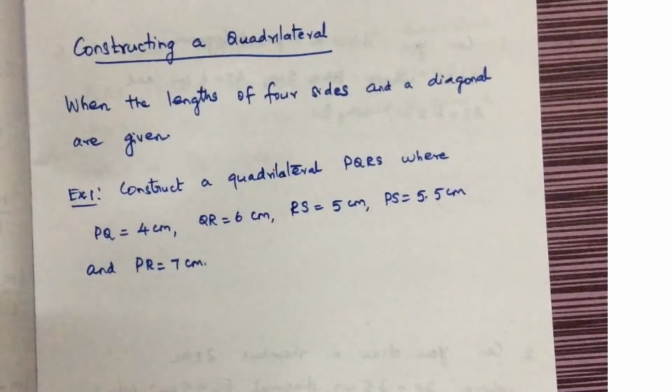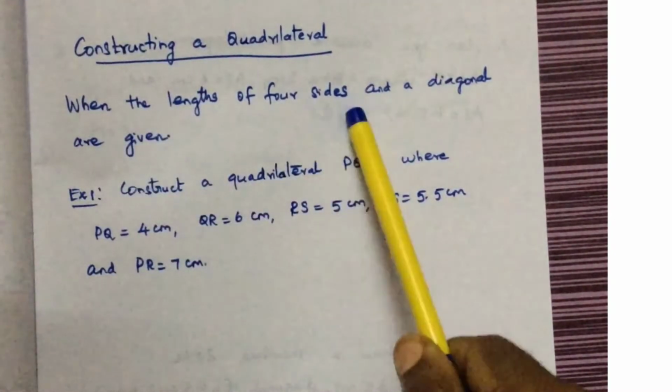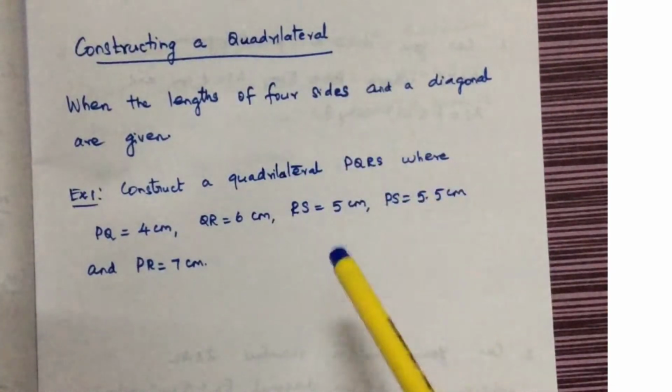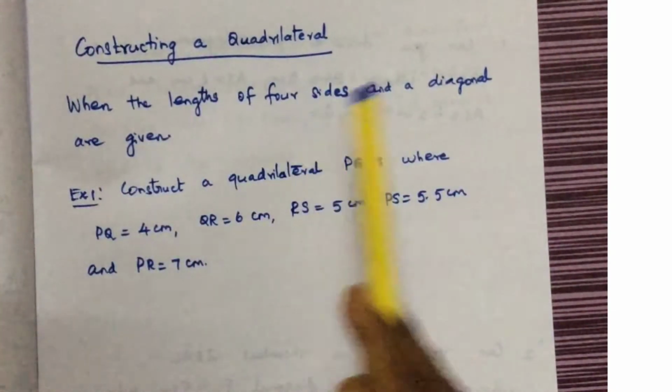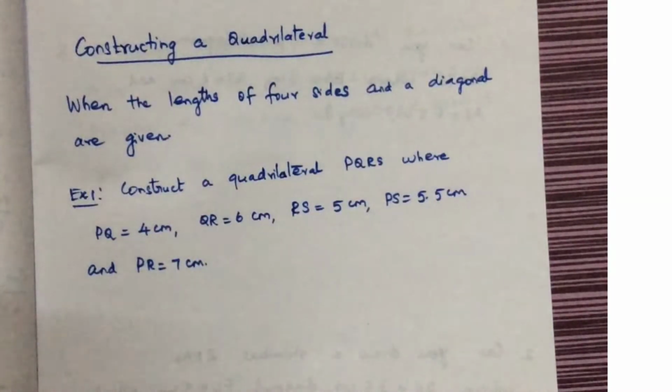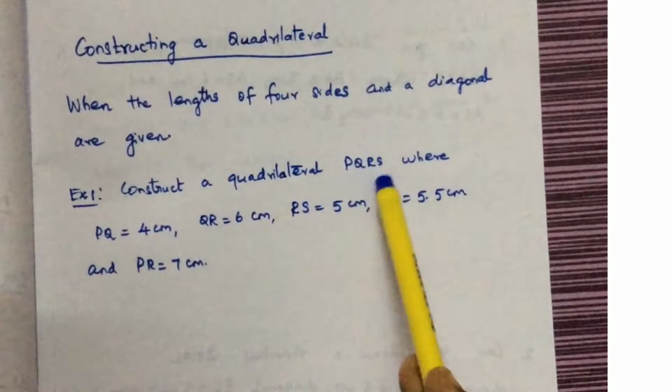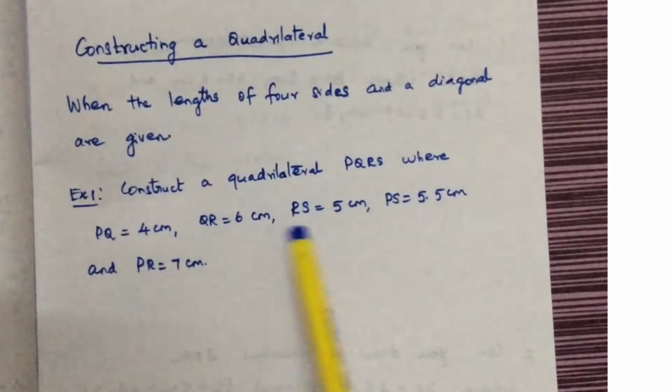Constructing a quadrilateral when the lengths of the four sides and a diagonal are given. So you are going to construct a quadrilateral. A quadrilateral has four sides, so here the lengths of the four sides and also the length of the diagonal are given. Here is an example. Construct a quadrilateral PQRS where PQ, QR, RS, PS and PR are given.